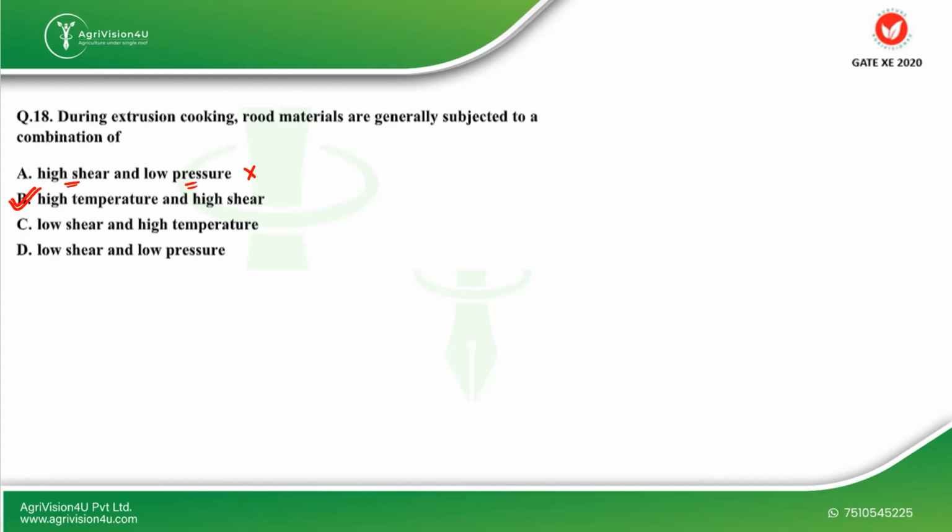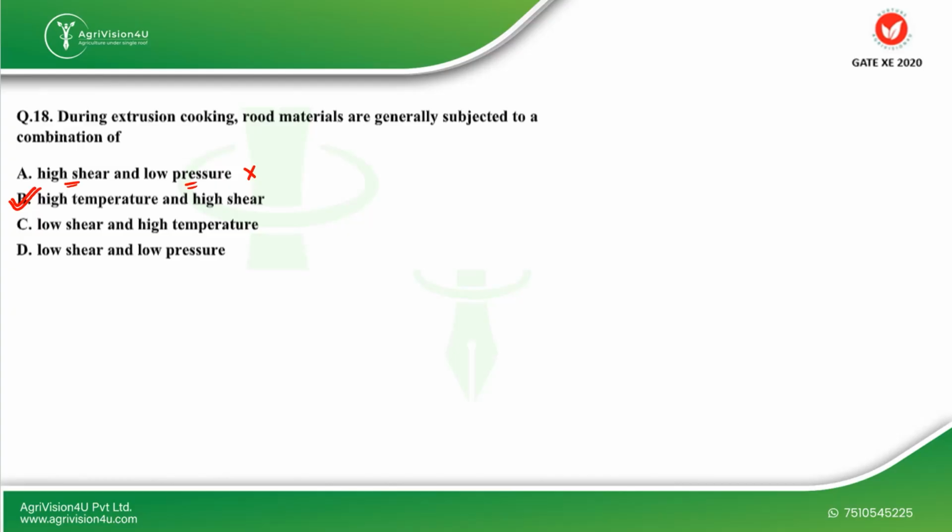Next, low shear, high temperature. Low shear might not be sufficient to break down the food particles effectively, which leads to a less uniform product. And high temperature, we know, is still beneficial for cooking, gelatinization and all this.